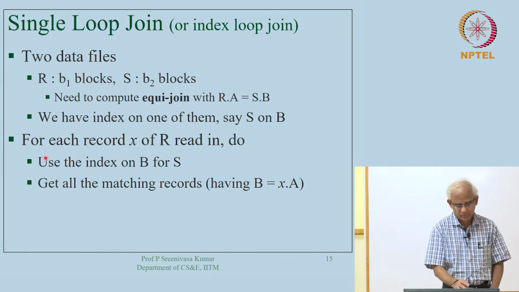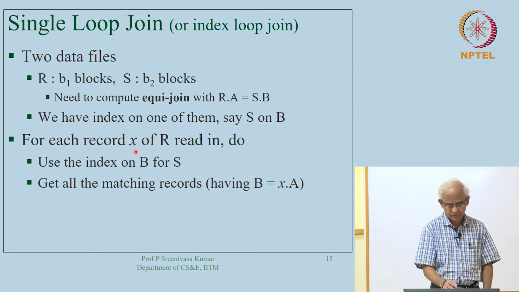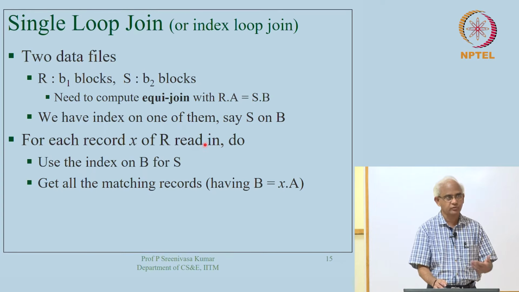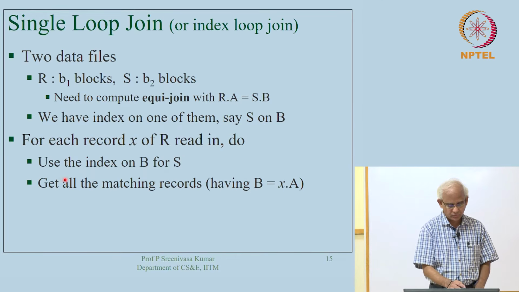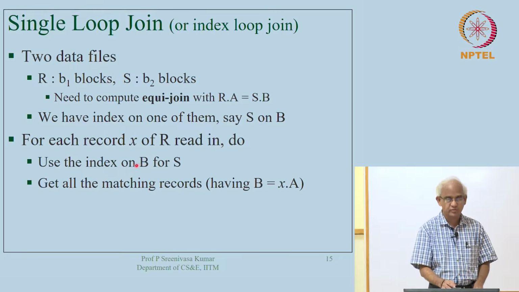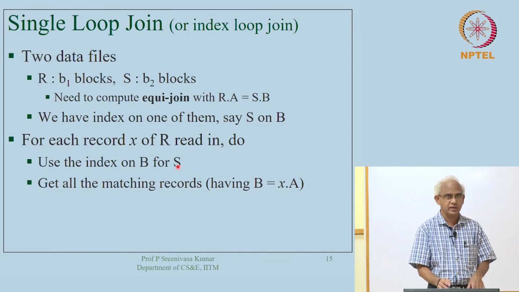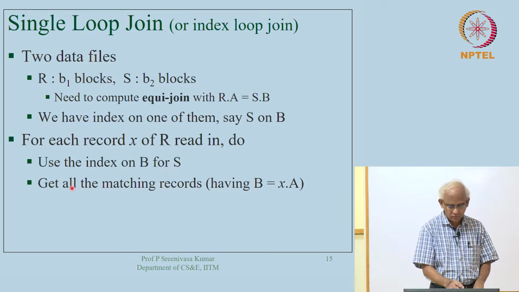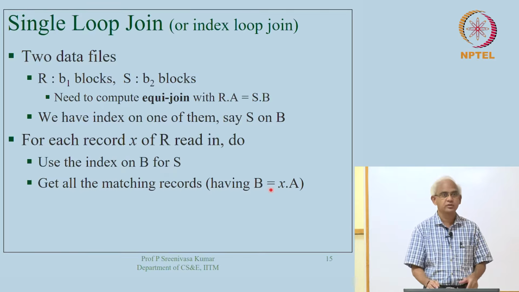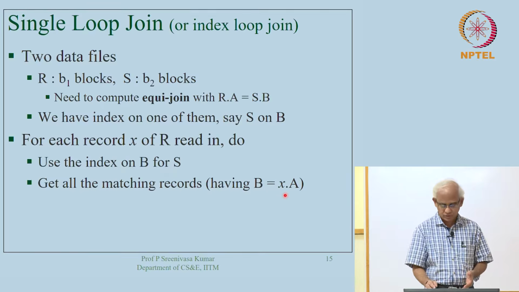The algorithm is, for each record X of R that we read in, do this: use the index on B for the other file S, and get all the matching records having B equals X.A.